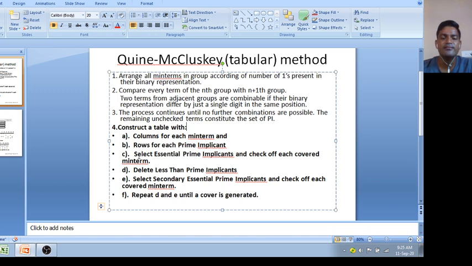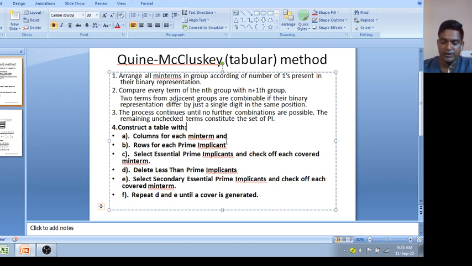Then in step C, you have to select the essential prime implicants. Then again you have to select the essential prime implicants from the reduced prime implicant chart, and repeat steps D and E.